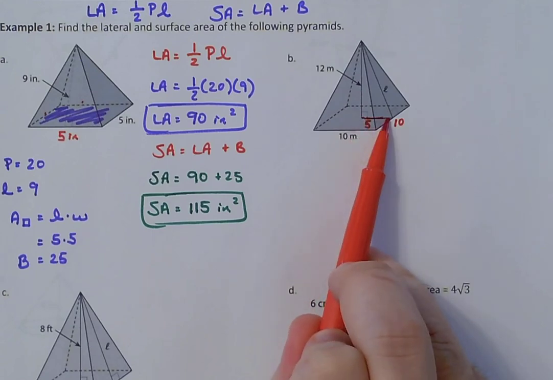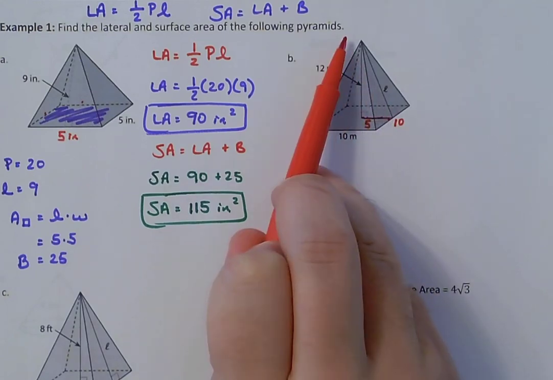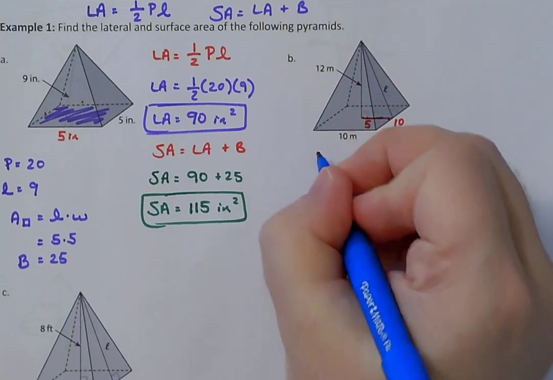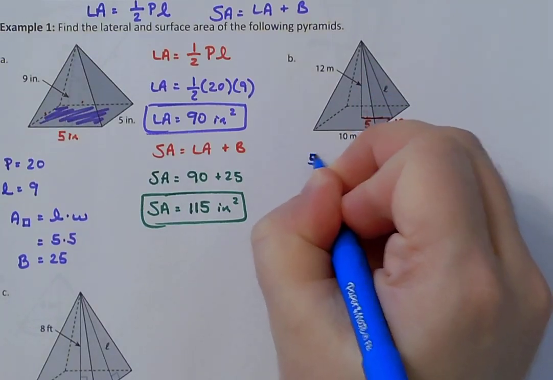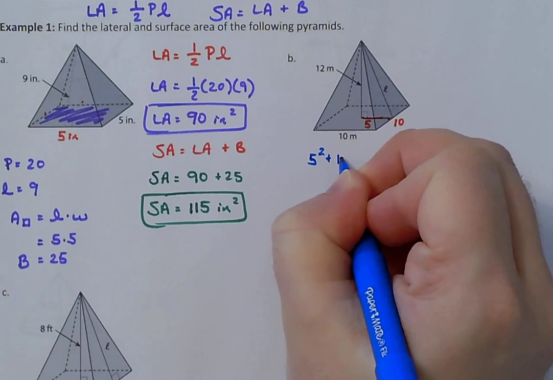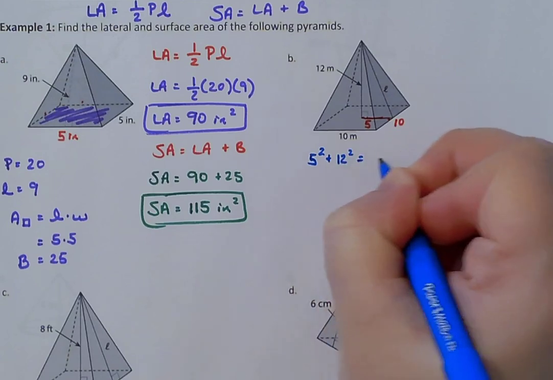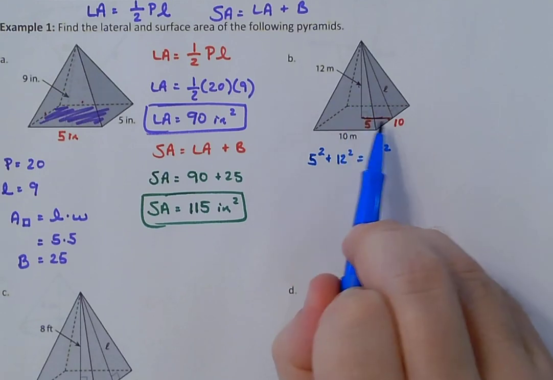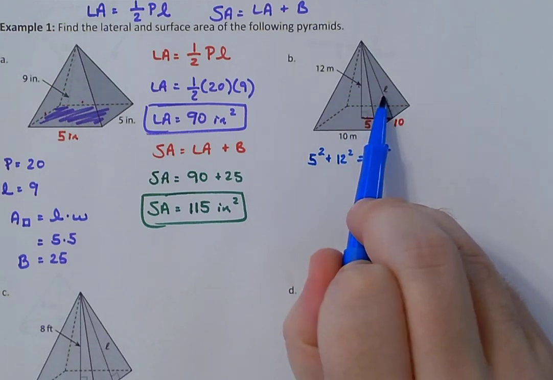So then this side is 5, and we need to figure out the slant height, L. The slant height is the hypotenuse in the Pythagorean theorem. So 5 squared plus 12 squared equals L squared. A squared plus B squared equals C squared.